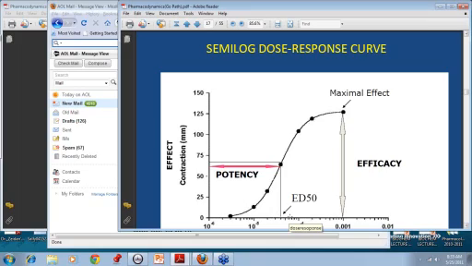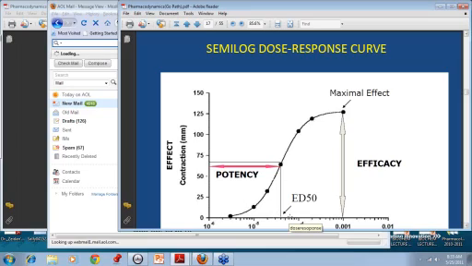In a similar manner, you're measuring the affinity of the drug towards this receptor. How much drug is needed to achieve ED50? That's the important aspect to understand and to appreciate.